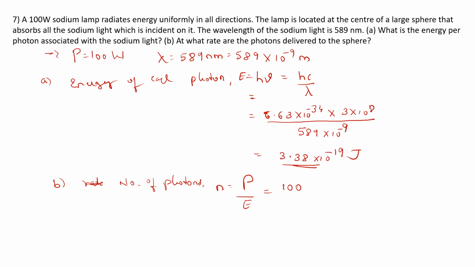Power is 100 watt, energy is 3.38 into 10 to the power minus 19. So the number of photons is 2.96 into 10 to the power 20 photons per second.